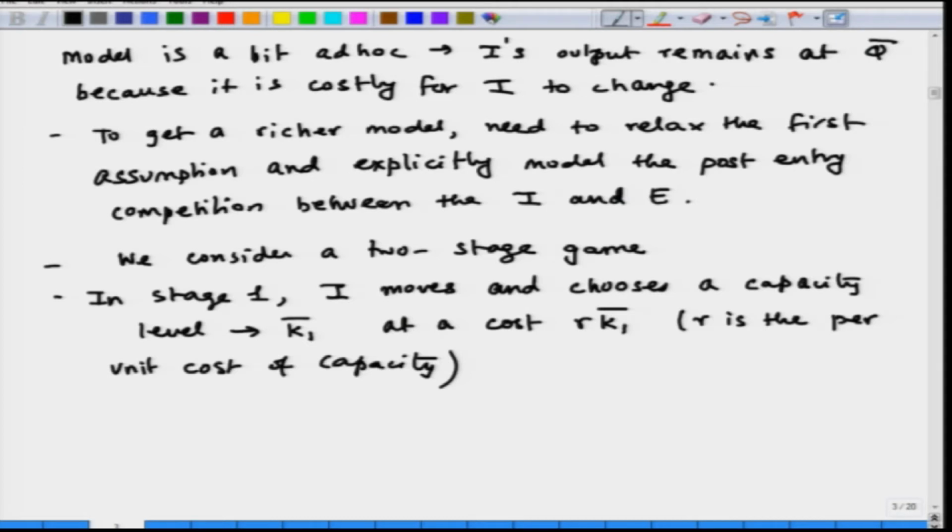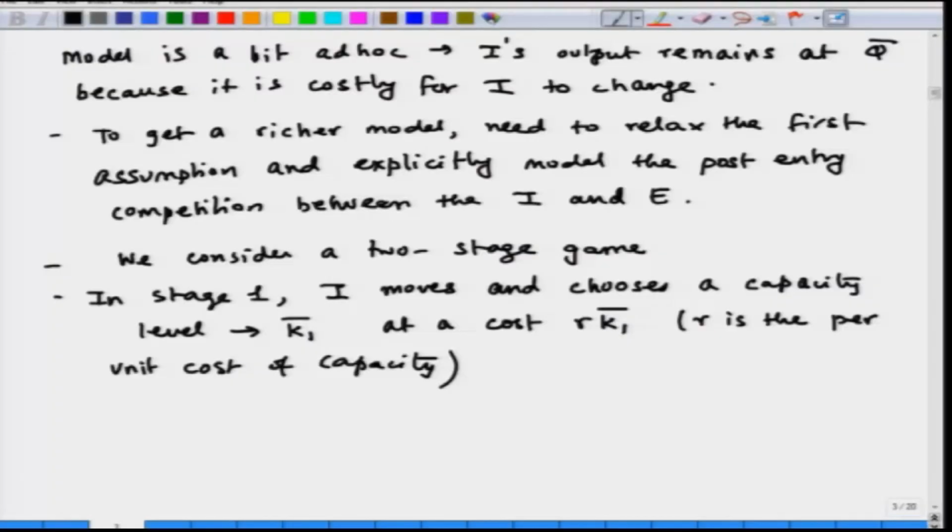It can produce an output which is exactly equal to K1 bar, which is exactly using its entire capacity, or it can choose to produce an output Q1 which is larger than the capacity, in which case it needs to add on to its capacity by building more capacity in stage 2. Essentially, once the K1 bar is chosen by the incumbent, in stage 2 it can't reduce the capacity, right. So, it can add to the capacity, but it cannot reduce capacity. In other words, firm 1 cannot sell some of its unused capacity in stage 2.